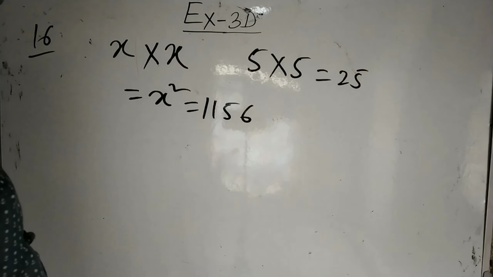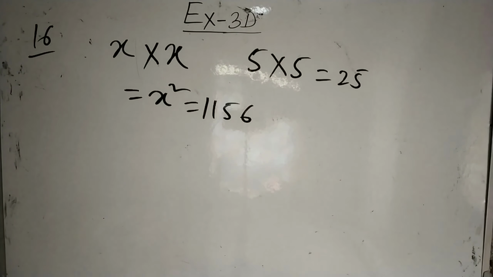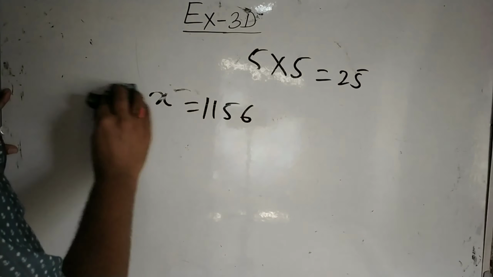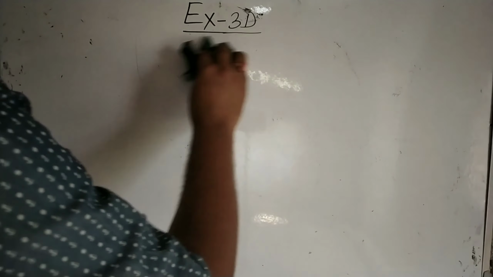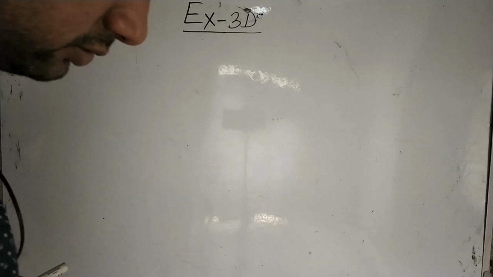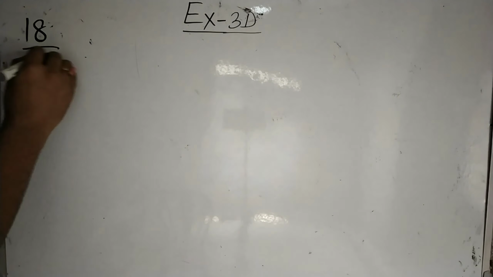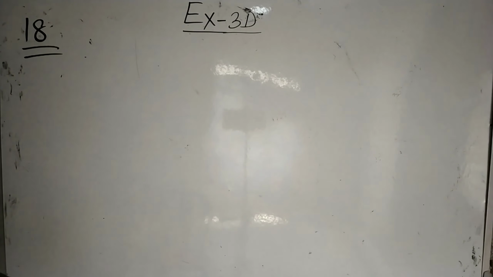Now look at question number 17 and question number 18. Question number 17 and 18 are exactly similar. Here I will be doing question number 18 for you, and I think you will be able to do question number 17 by yourself. Let us do question number 18. What is given? Read the question carefully.